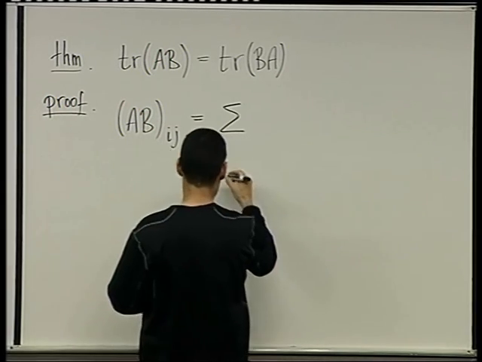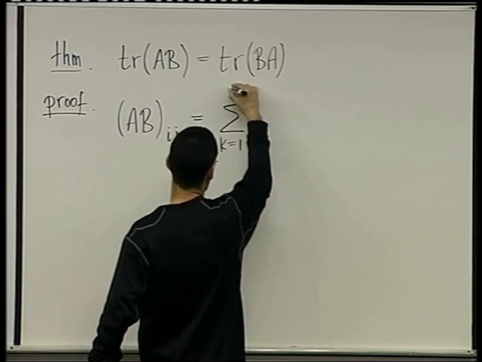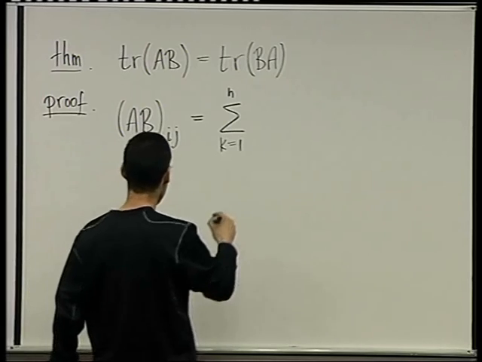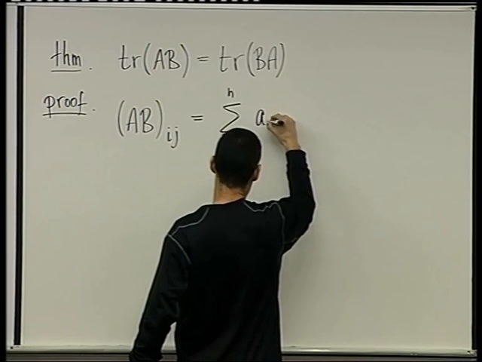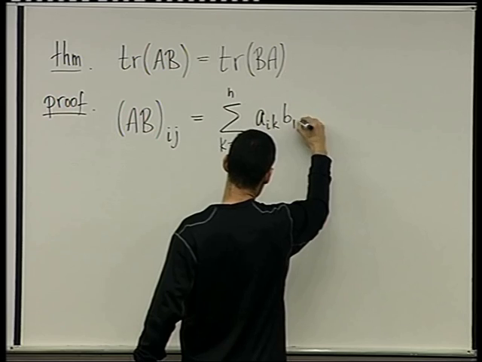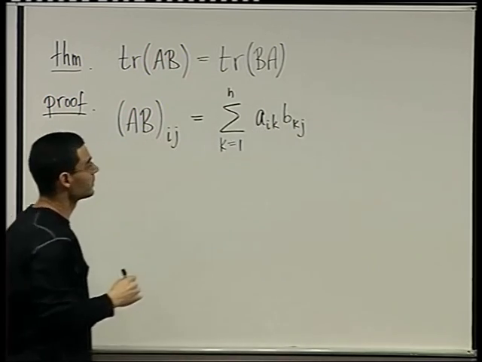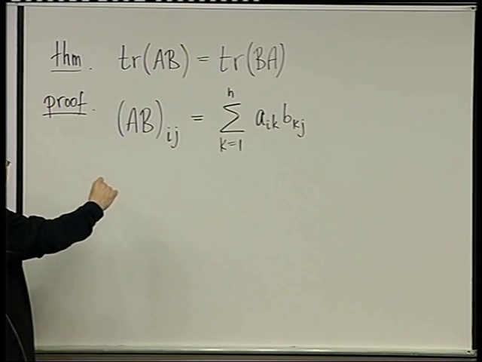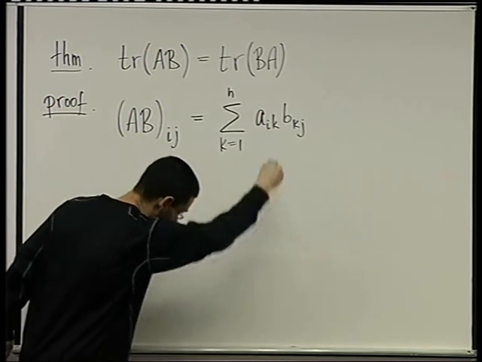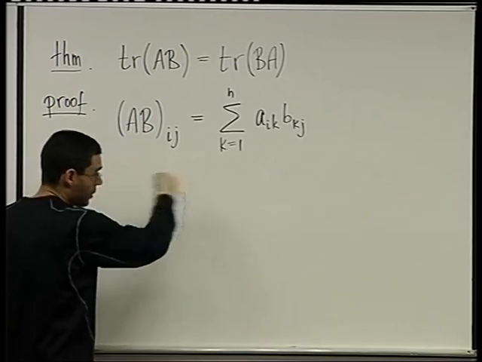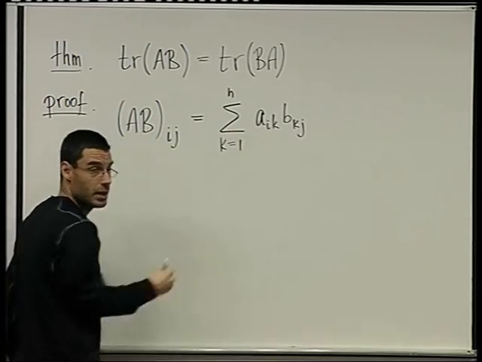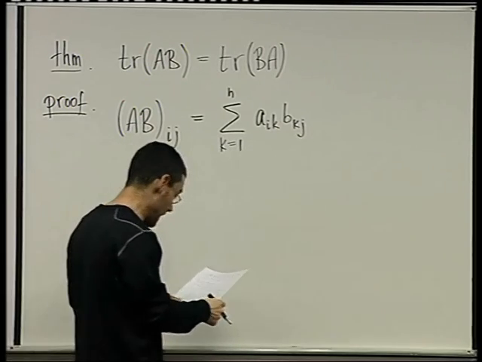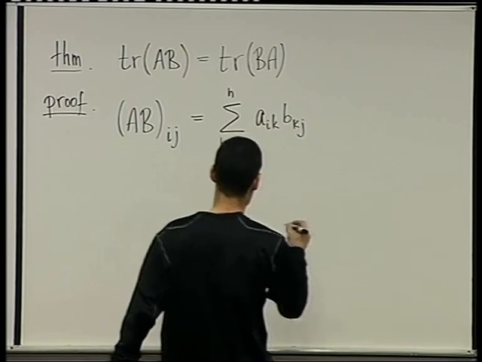It is the sum over k from 1 to n, let's say these are matrices of size n by n, of a_ik b_kj. Remember, this is the ith row of A times the jth column of B. That's the formal way to write the ijth element of AB.